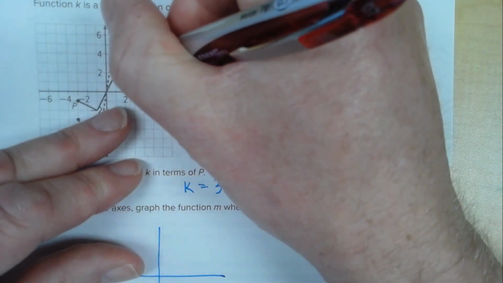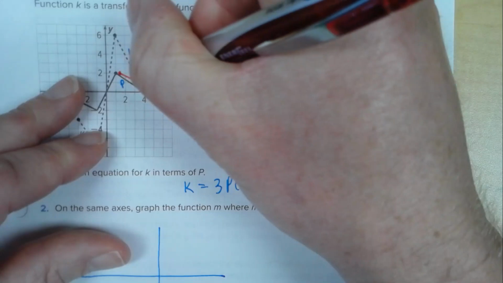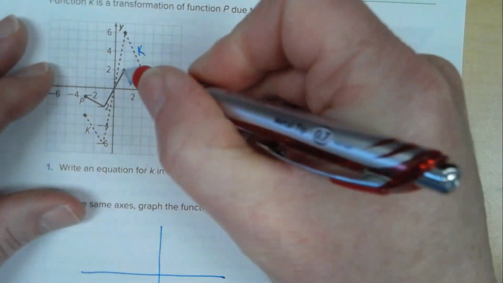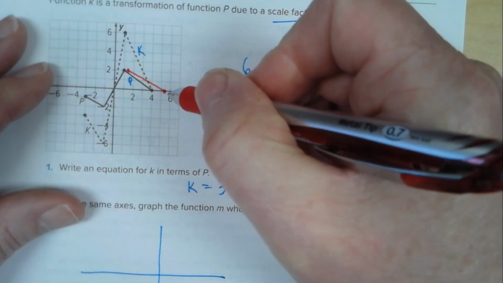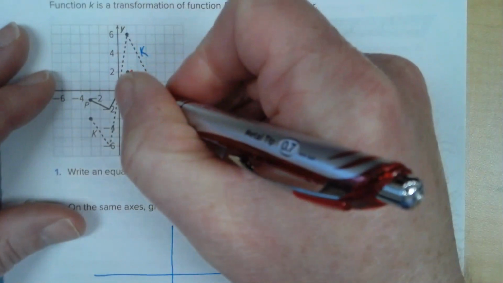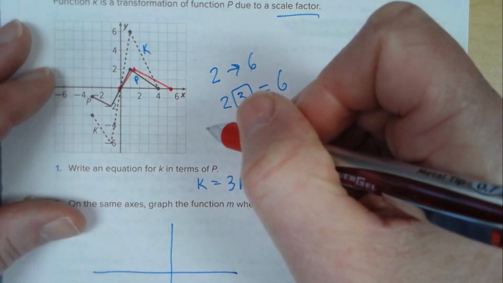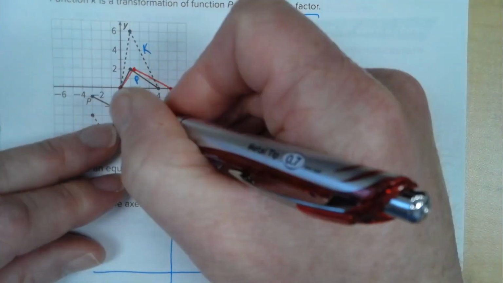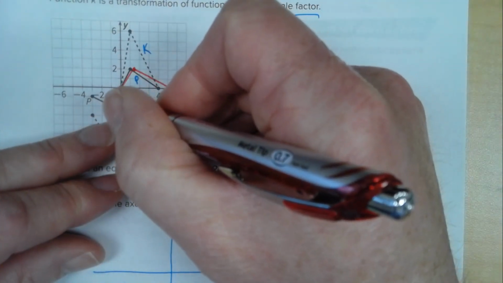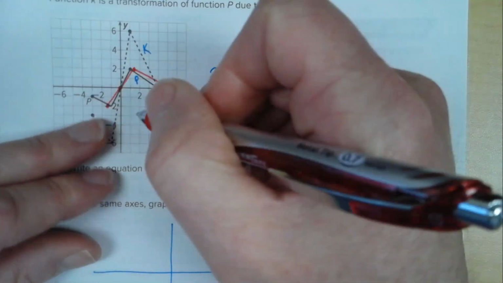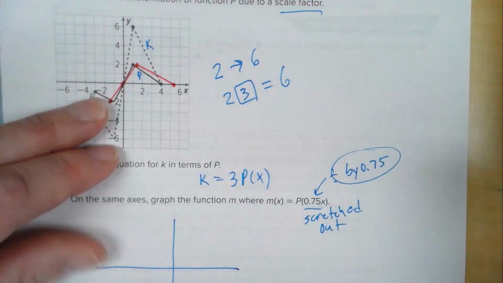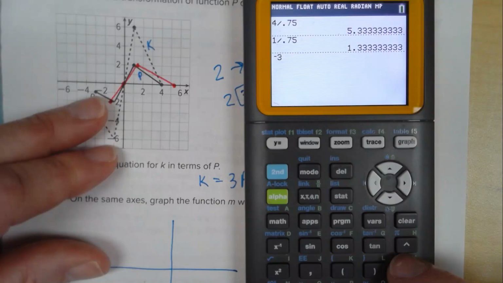So 1.3 repeating is about there, so it's going to be stretched out. So this line here got stretched out to there. It's not going to be stretched out at 0, it'll still go through 0, 0. Okay, this is -1, so it's going to be -1.3 repeating, so it's going to be like that. And this is at 3, -3, so it'll be -3 divided by 0.75 is -4.